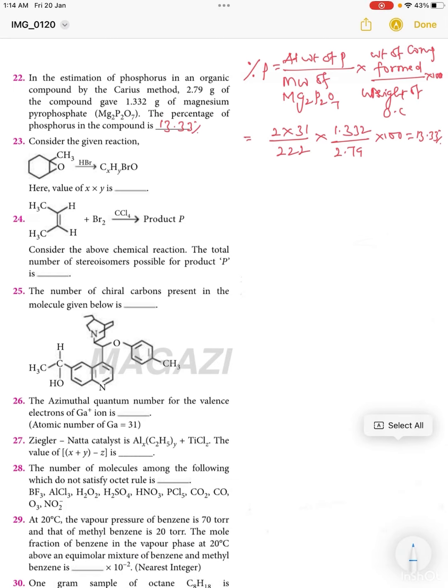Next, 23rd. Consider the given reaction. From that reaction, you have to find the X and Y values. Simple. If you write the reaction, CH3 to this HBr is added, then you will get CH3Br here OH. So you have to find the number of carbon atoms and the number of hydrogen atoms.